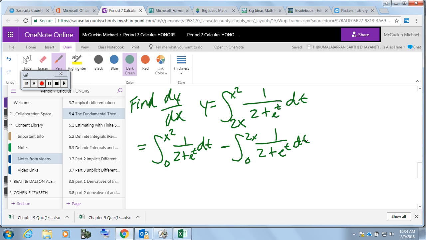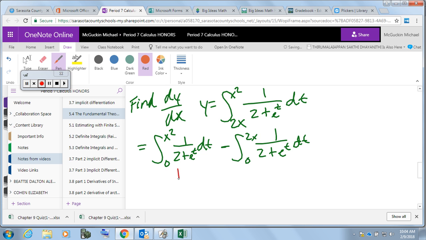So now we can start dealing with the key part, which is having an x in the upper limit. Now I can just use my chain rule the exact same way that I did before. Let's see if we can save a little bit of time here by not having to do the entire u substitution. Technically, this would be swapping out t for x squared.